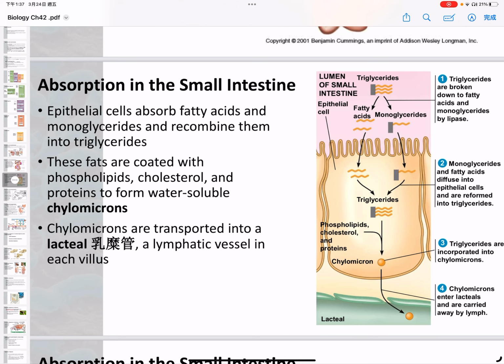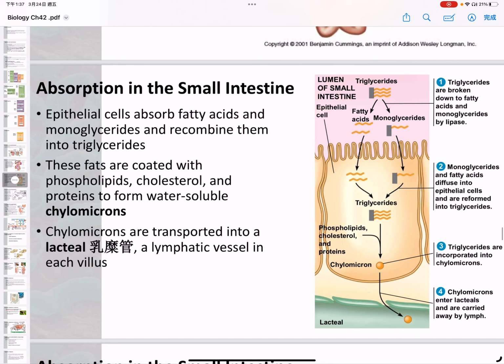And these two molecules enter our epithelial cells, and they are recombined into triglycerides. And the triglycerides are added to some molecules like phospholipids, cholesterol, and proteins, and they become something called chylomicron.